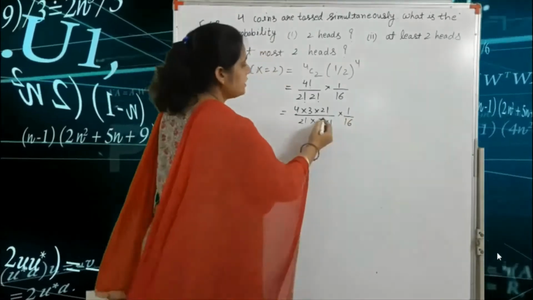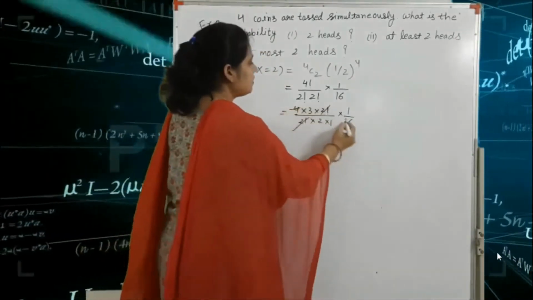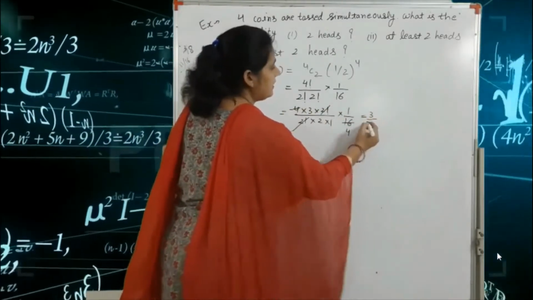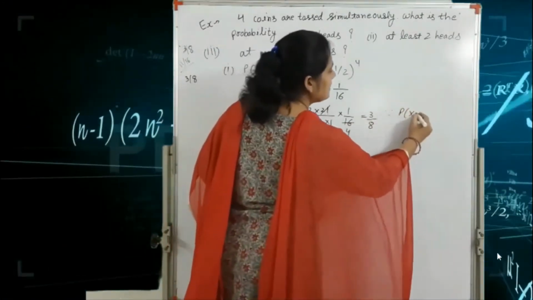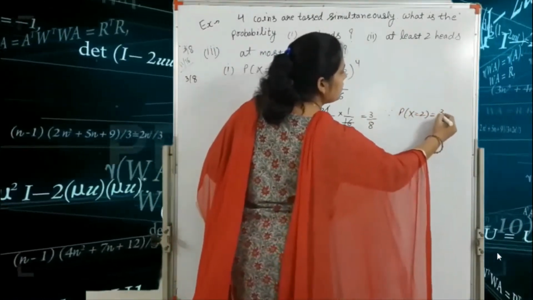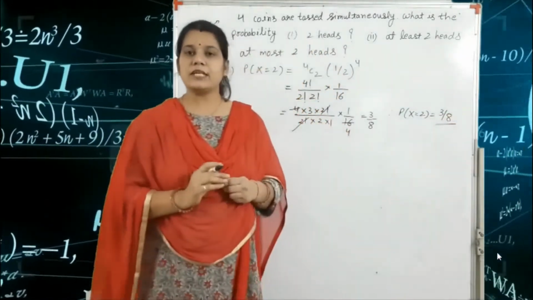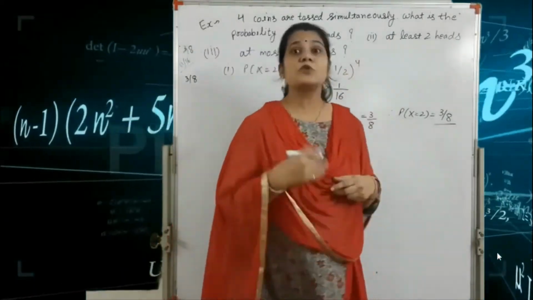Here factorial 2 and factorial 2 cancel. 4 into 4 is 16, that means 3 by 8. So the probability of getting exactly two heads is equal to 3 by 8.